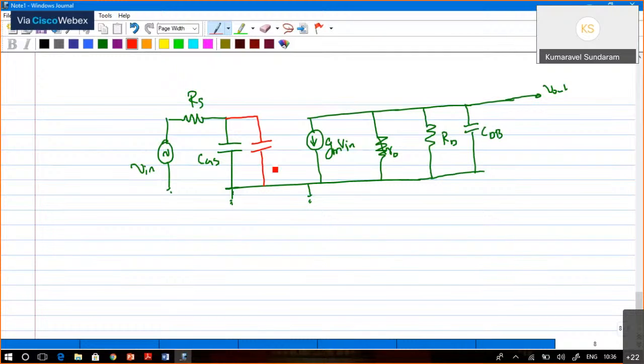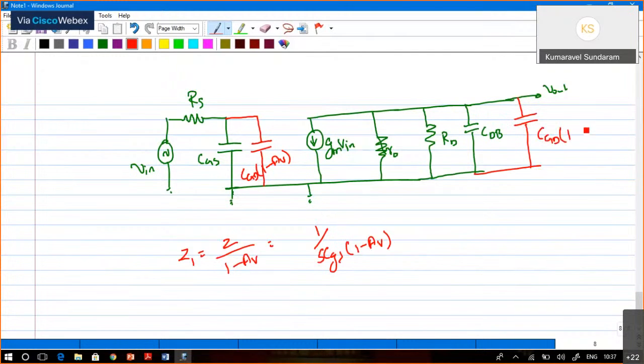This is Z1 equal to Z by 1 minus AV, right? Here Z is 1 by SCGD, right? So we have to write 1 by SCGD into 1 minus AV. So this capacitance will be there. So CGD into 1 minus AV.